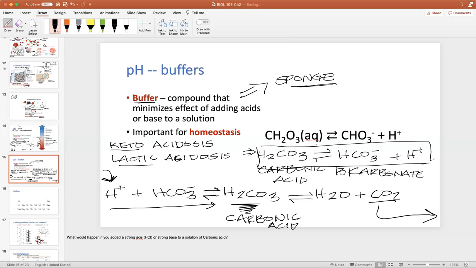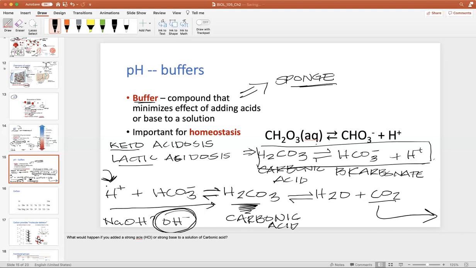So when you think about a buffer, think about it as a sponge that's able to absorb extra acid, okay? And it can then convert it to CO2. What do you think might happen if you put in something like a strong base, which is an NaOH situation? That's going to generate a bunch of these hydroxyl ions.